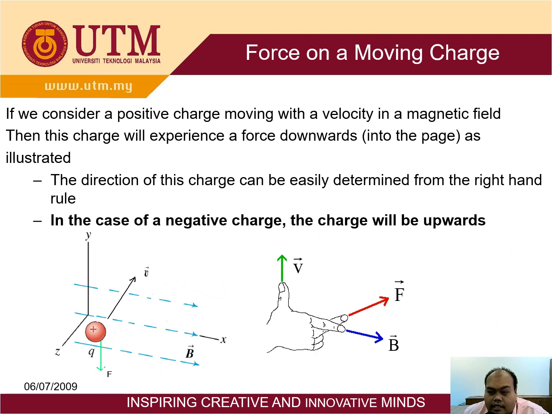This is another example of how to determine the direction of the force using your right hand. You can see here, B goes to the right hand side, so your index finger goes to the right hand side.